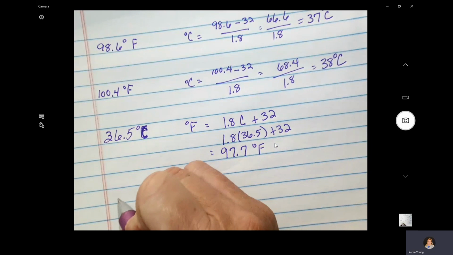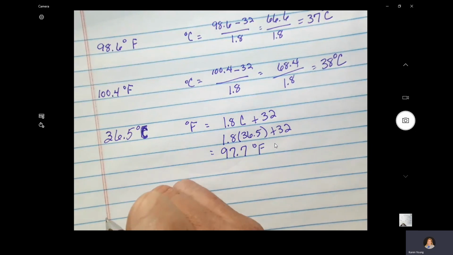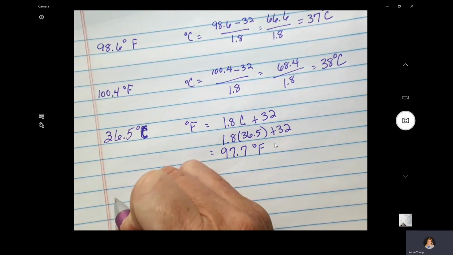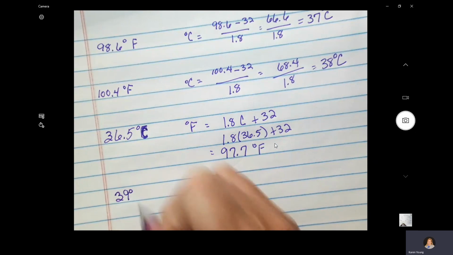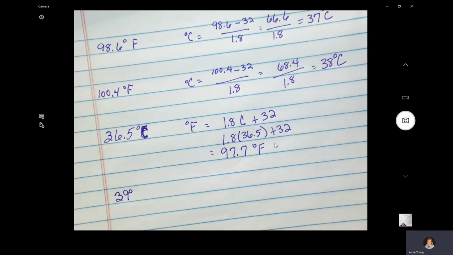All right, what if somebody comes in, of course, we already know that 37 is normal, but what if they come in with a temperature of 39? That's just 2 degrees above normal on the Celsius scale. But how high is their temperature? I don't know. Why don't you show us?